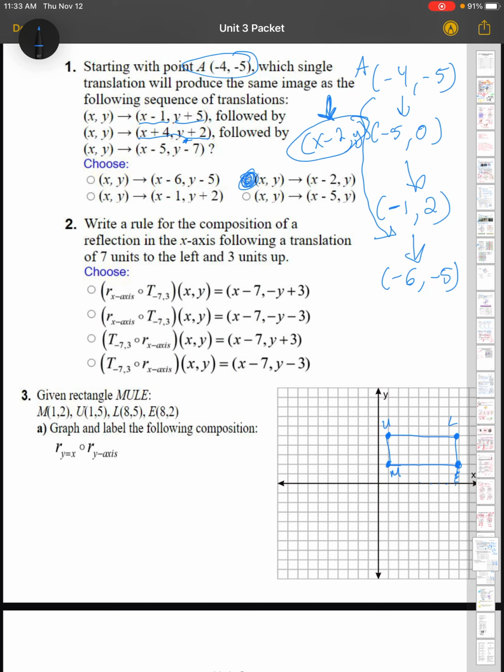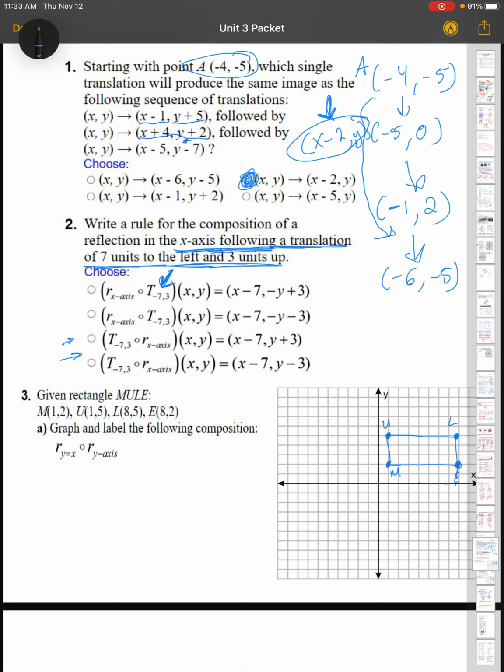Then number 2, it says write a rule for the composition of a reflection in the x-axis following a translation of 7 units to the left and 3 units up. Remember, the first thing we do is always on the right side. So this one would not be correct because we're doing a reflection first. It has to be either one of these.